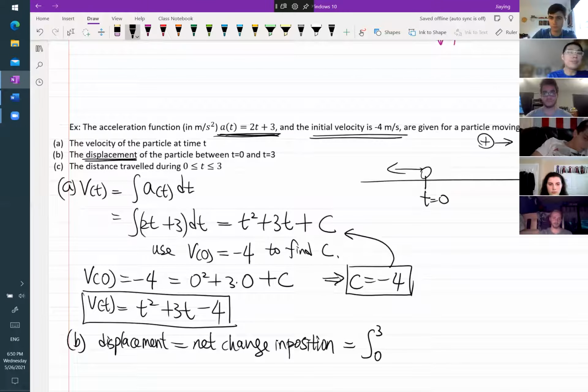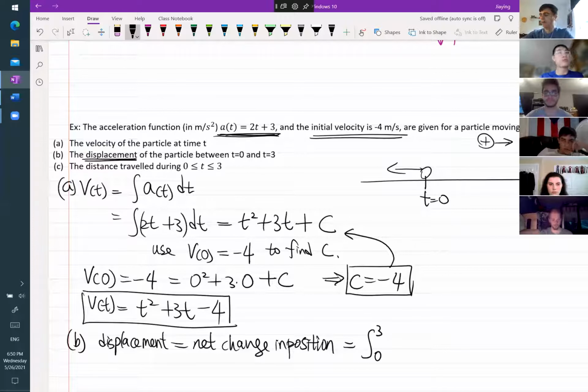I said just now that when we look for the displacement of some object moving, that is always equal to the net change of the position function. And that is equal to the definite integral from A to B of some rate of change function. The rate of change of position is the velocity. So we're basically integrating the velocity function from 0 to 3 with respect to t.